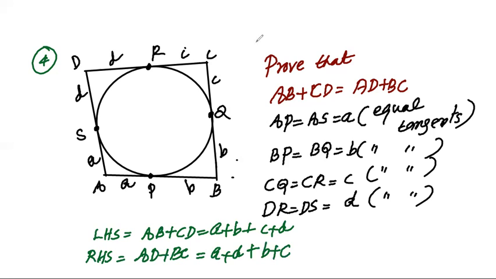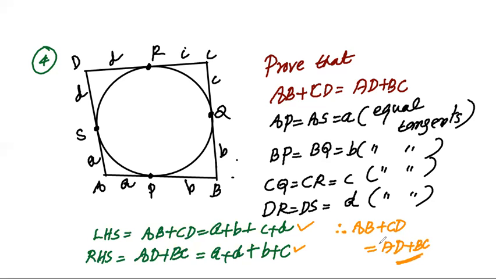Now you can see that the value of LHS is a plus b plus c plus d. The value of RHS is also a plus b plus c plus d, which means both LHS and RHS are equal. So I can write AB plus CD will be equal to AD plus BC.